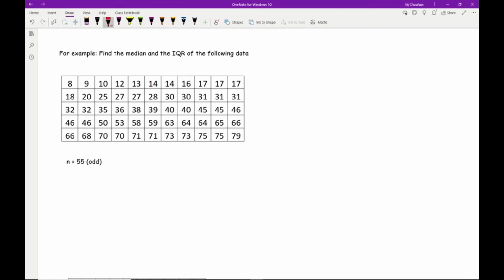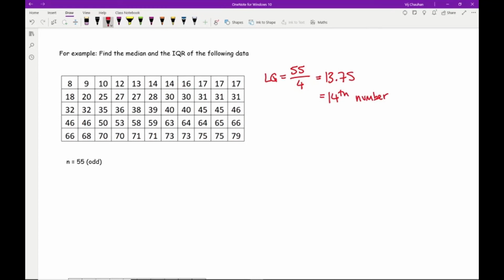To find the lower quartile, I'm going to do 55 divided by 4, and on my calculator, it gives me an answer of 13.75. Because that is a decimal number, I'm going to round that up to 14. It tells me that the lower quartile is my 14th number in the ordered list.